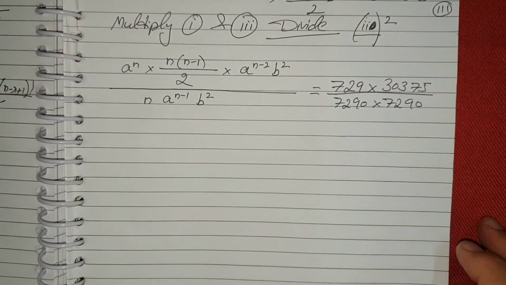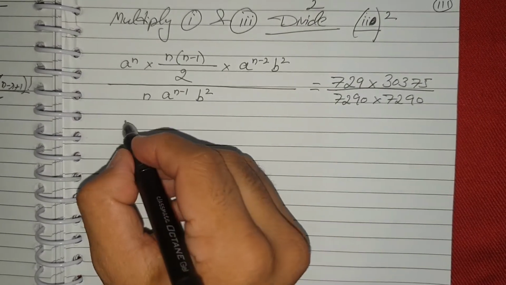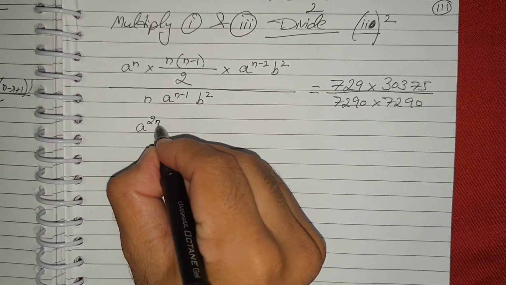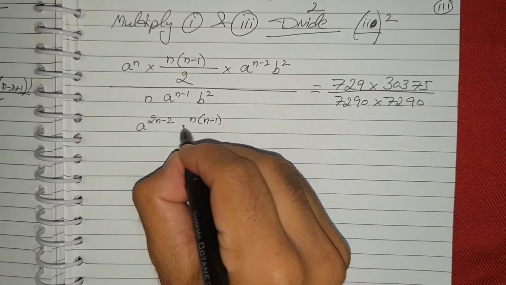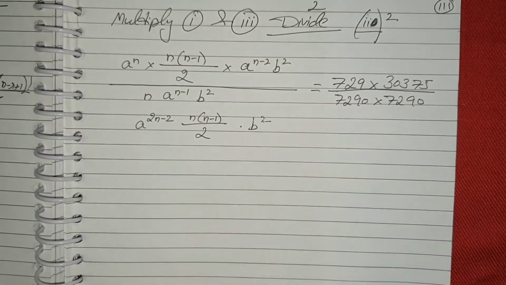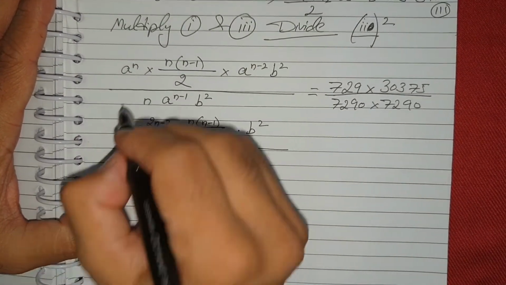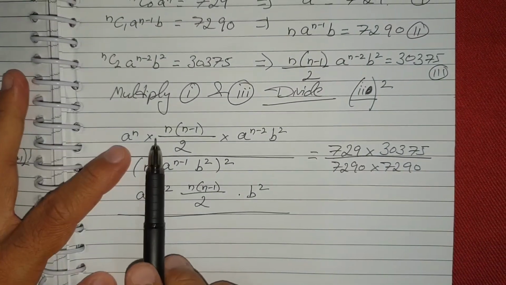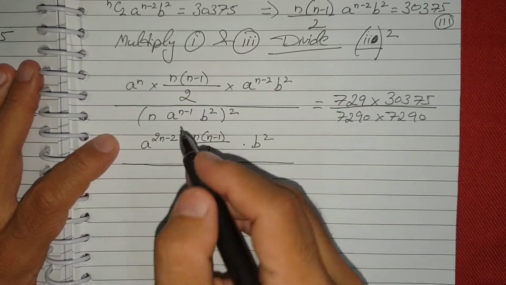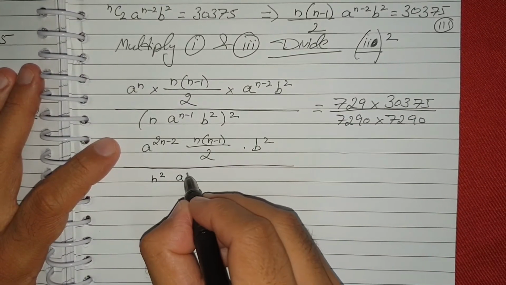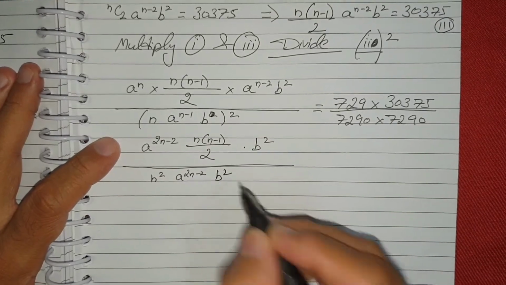Now continue with the solving process. a and a will be a to the power 2n minus 2, and this will be n into n minus 1 by 2 into b square, upon n square a to the power 2n minus 2 b square.